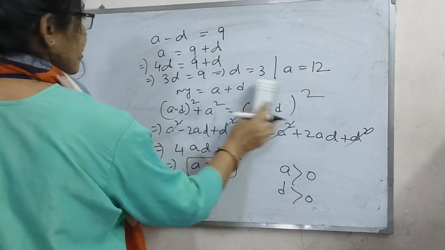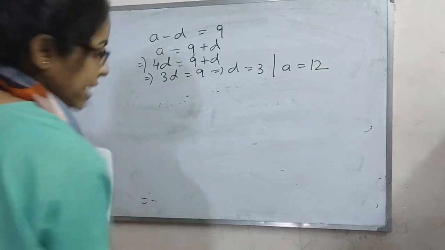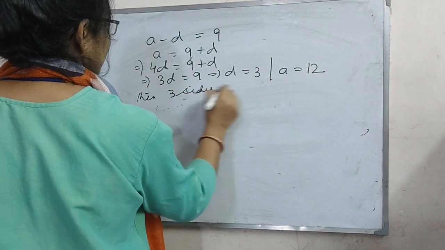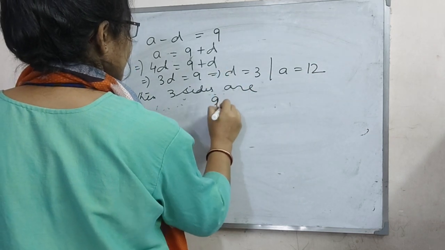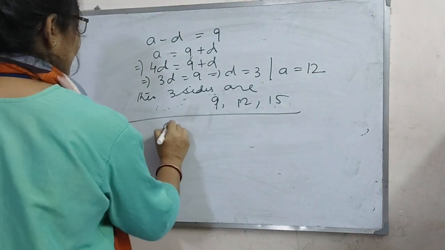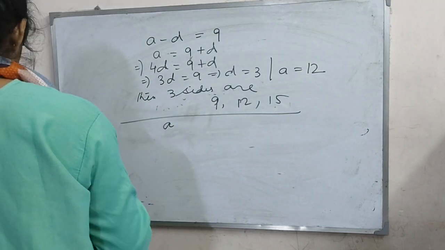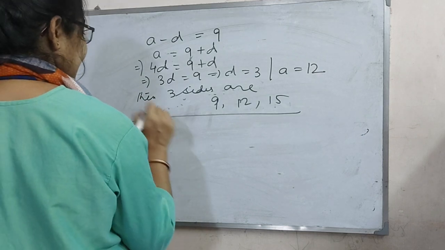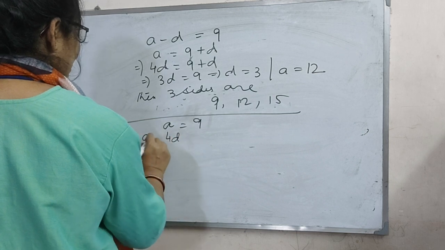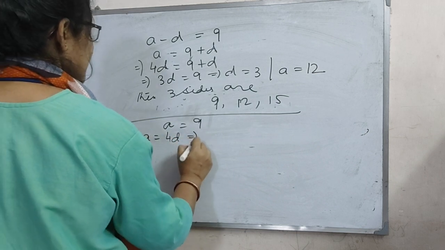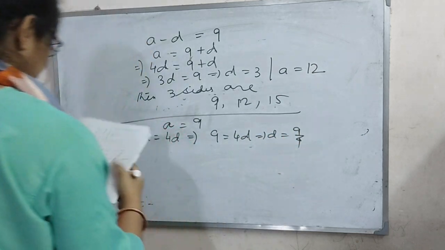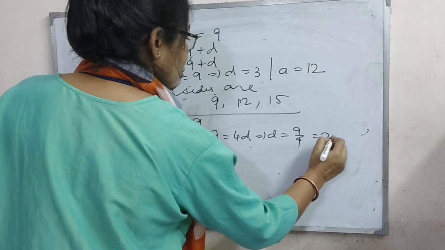For d equal to 3, a equal to 12, then the three sides are a minus d, 9, a, 12, a plus d, 15. And when the perpendicular is a, that means a equals 9. So we know a equals 4d, that means 9 equals 4d, we have d equals 9 by 4, right? This equals 2.25.